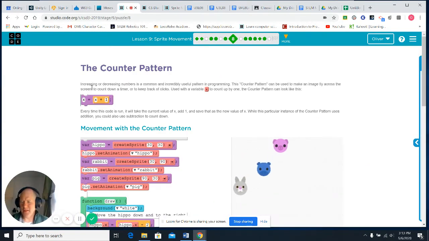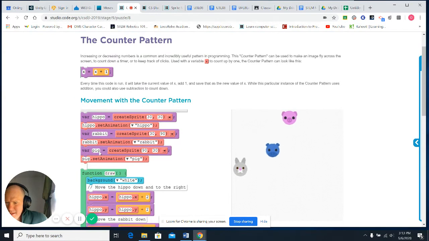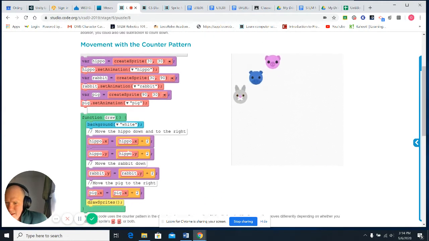Okay, counter pattern. This is where I was telling you, the hippo ended up at 30-30, the rabbit at 30-90, and the pig at 90-30. So two of them start at the same X. Here we got hippo x equals hippo x plus 2, hippo y equals hippo y plus 2.